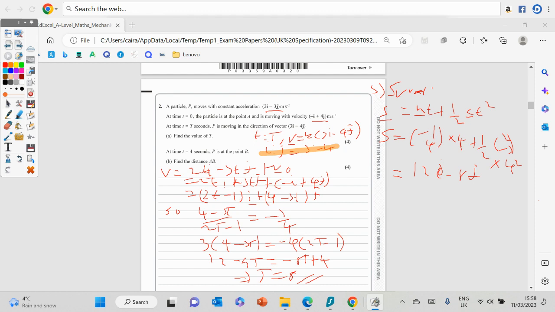Yeah. Well, that's the position of B, isn't it? So this is B, that coordinate there. Now, we already had the A coordinate, because we know... what did we know?